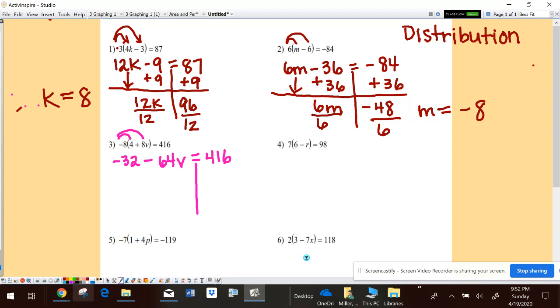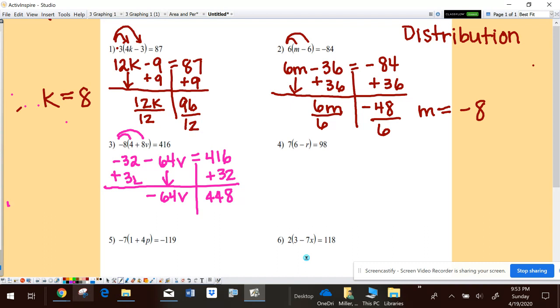All right. What is my first step here? Do I need to move my negative 32 or my negative 64b? That's right. We're going to add 32 to both sides. Bring down your negative 64b. This equals 448.